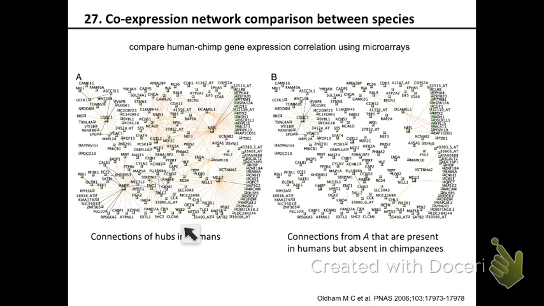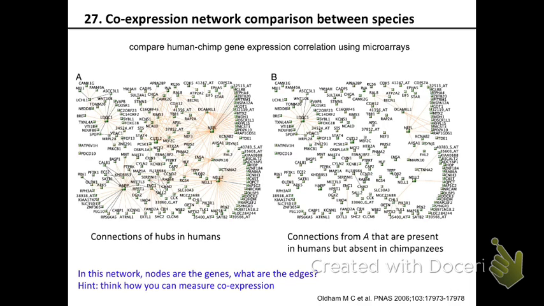For example, here's a network with co-expression connections in humans that is compared to the same types of interactions observed in chimpanzees. These researchers were looking for hubs that were highly connected in humans but not connected in chimpanzees, to try to get down to what makes humans and chimpanzees different at the molecular level, right?